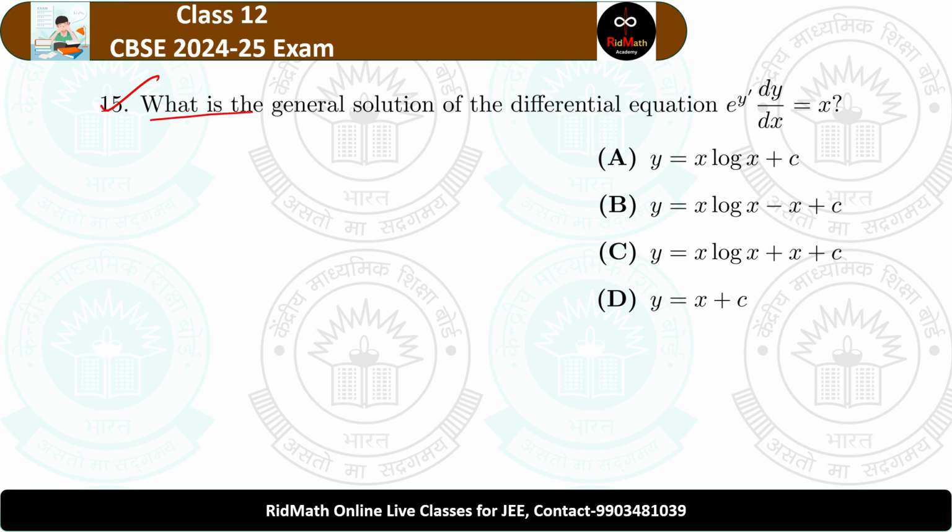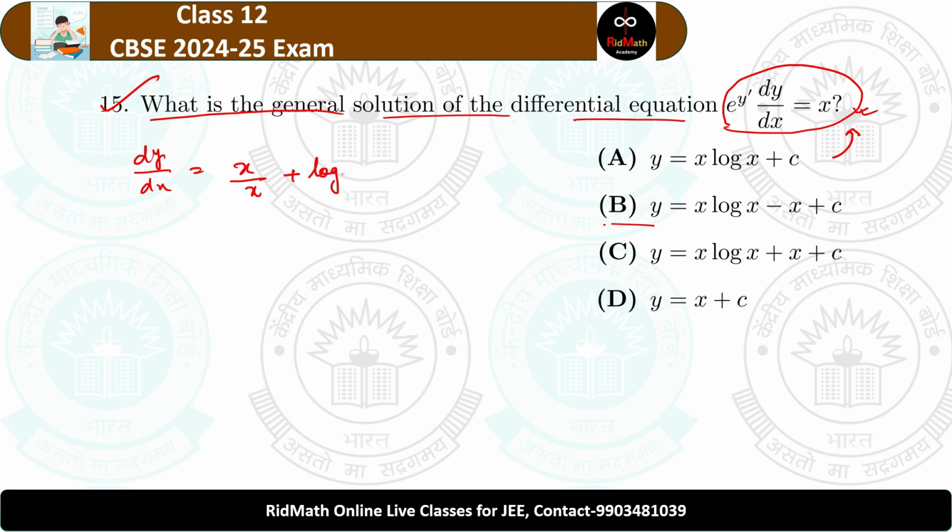Question number 15. What is the general solution of the differential equation this? This differential equation has a solution from these four options. If we differentiate these equations, we should get this differential equation. So let us take the derivative of the first function. This is dy dx equal to, by the u into v rule, x divided by x plus log x.